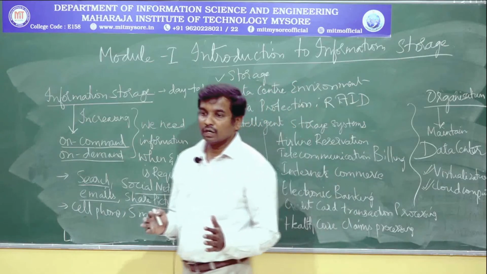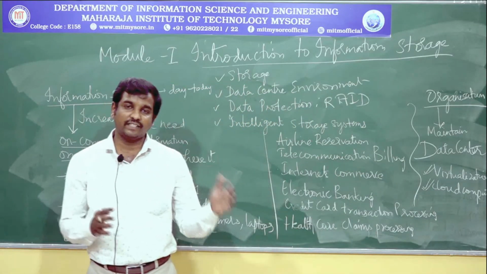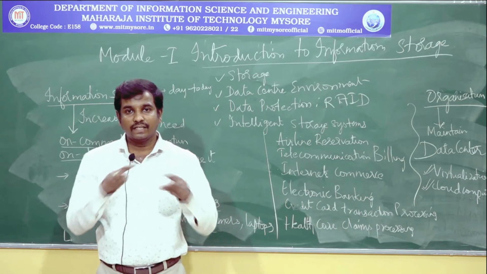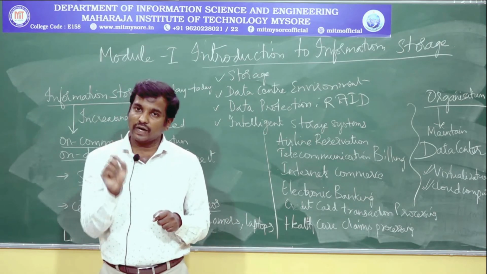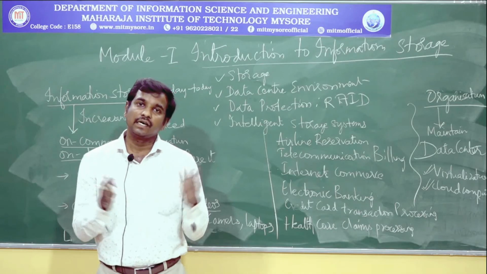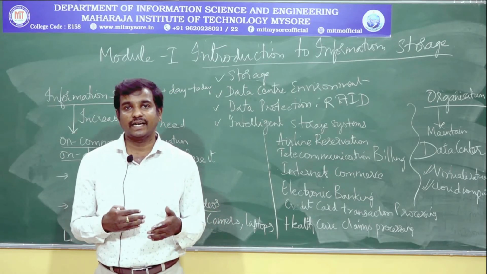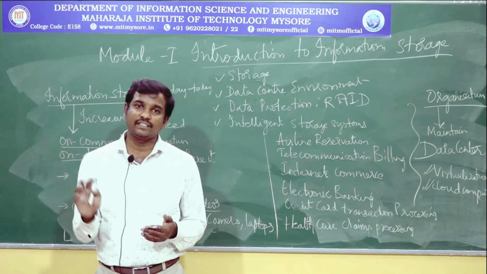That means the information which is placed in the computers is given an ID, and through the ID we are extracting the large information. That means virtually we are generating the data and placing it in some places.